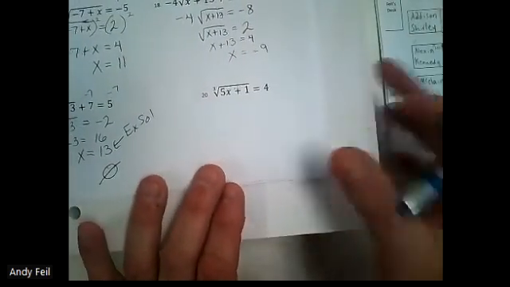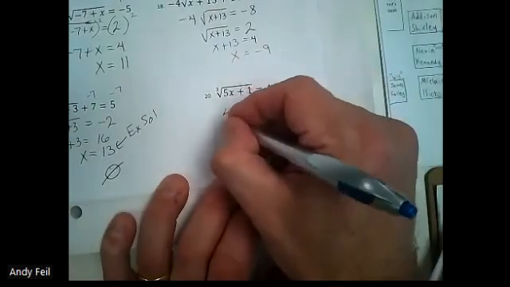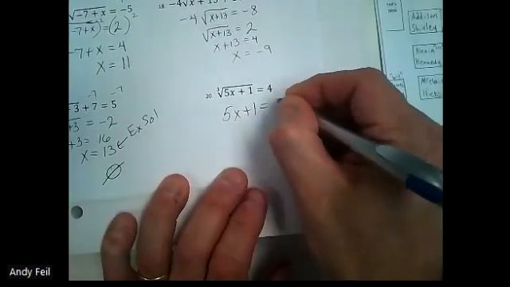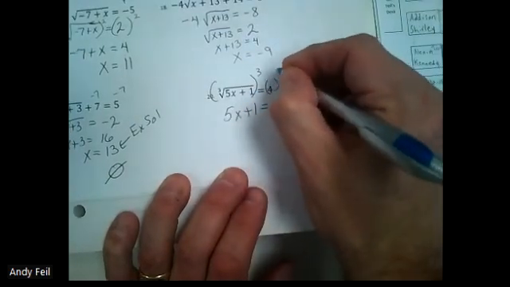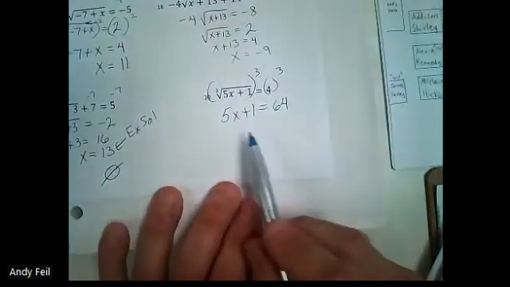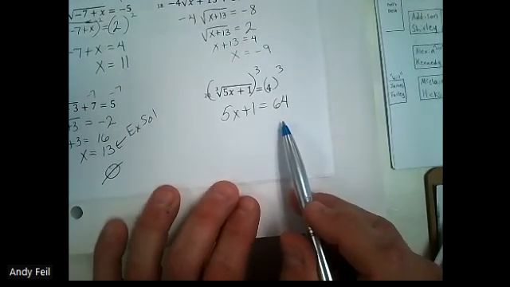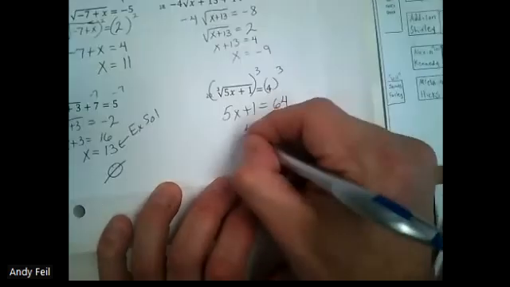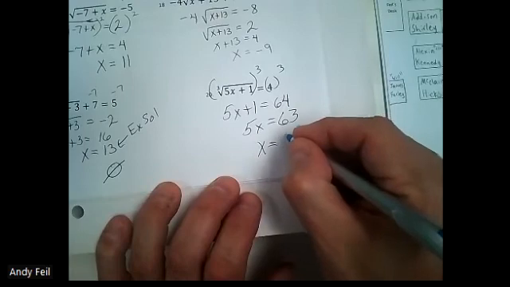All right, last one. What do I do first? Cube it. 5x plus 1 equals 64, because when you cube both sides, you get 64. Does this look like something we can handle? I think so. What do I do now? -1. Divide by how much?